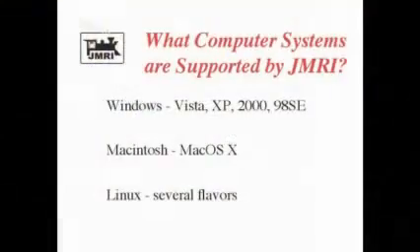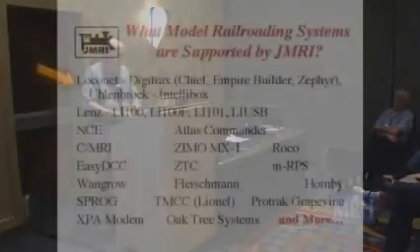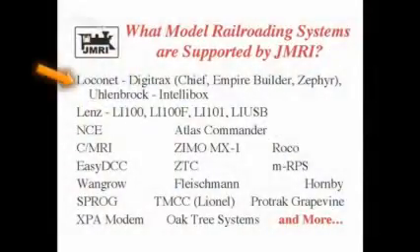So what computer systems are supported? A bunch of flavors of Windows, Macintosh, Mac OS X, through the current version, and Linux. Several flavors of Linux are also supported. And what model railroad systems? This continues to sort of mushroom.